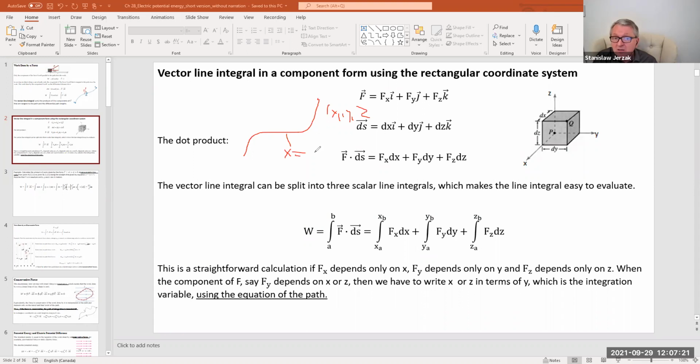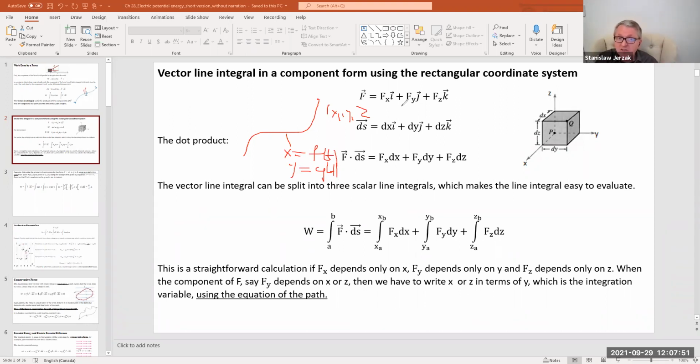So x is a certain function of t, where t is not time. t is a certain parameter, so you say it is parameterized. y would also be written as a certain function, maybe g, of the same t, and likewise z. So usually that's how it is done: you express these coordinates x, y, and z in terms of a separate parameter, and then you integrate over that parameter.